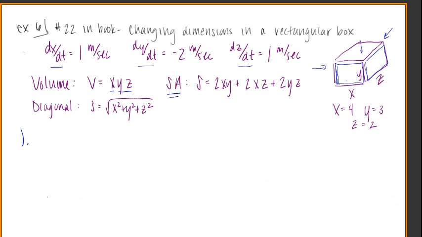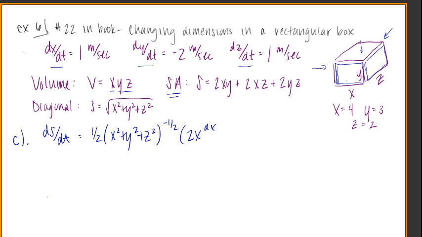And in part C, we're just taking the derivative of the diagonal with respect to the dimensions x, y, and z. Definitely something we should recognize from our very last problem. So we can almost just copy and paste that derivative down here. So it's going to be 1/2 times (x squared plus y squared plus z squared) to the negative 1/2, and then times the derivative of the base.